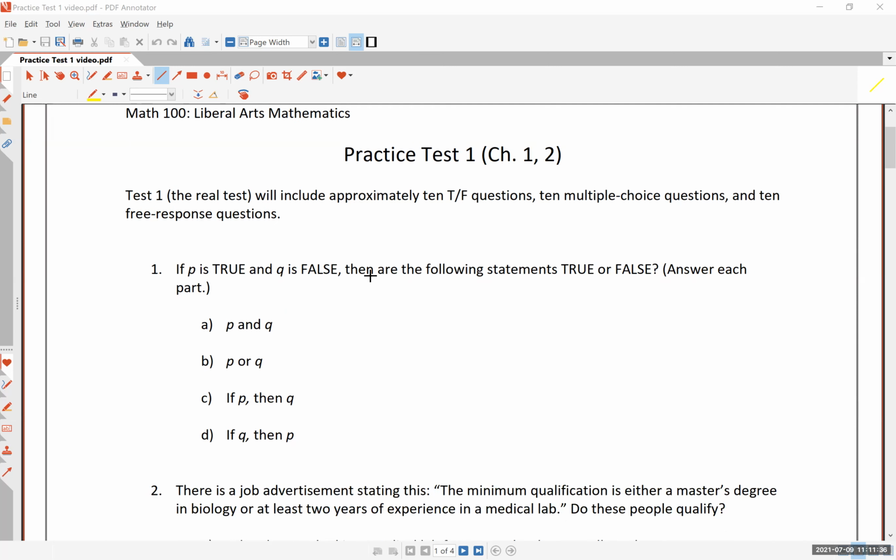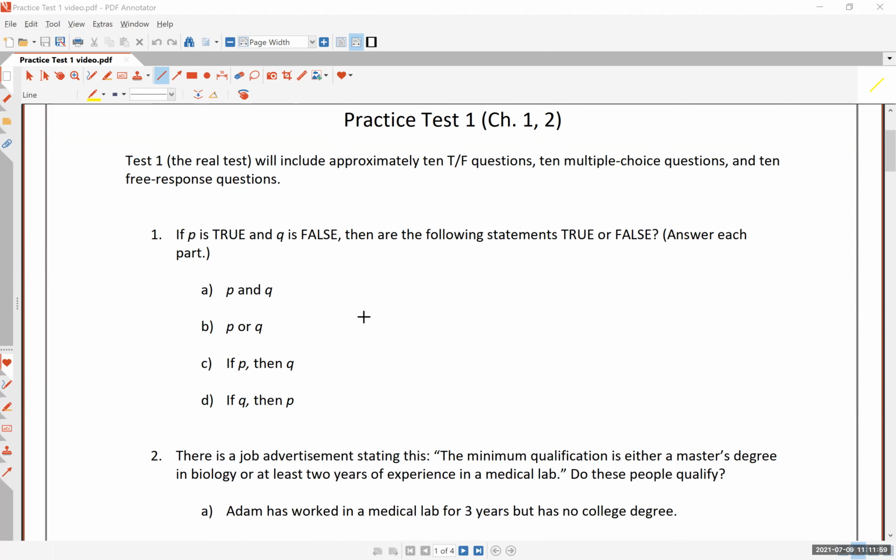For the free response questions, you must show your work on paper, and then upload that paper as one PDF file, even with multiple pages. Do not just take photos and send a bunch of photos, because they will not be accepted.